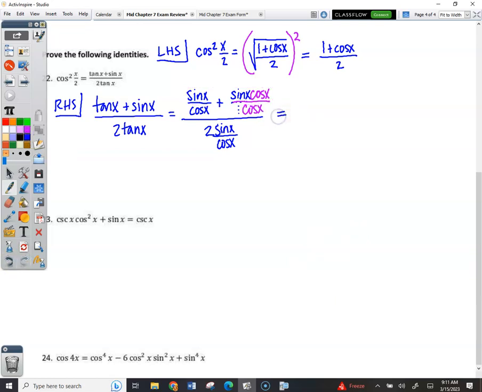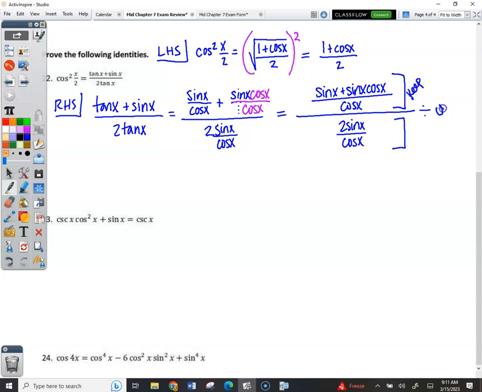So this ends up being sine x plus sine x cosine x over cosine all over 2 sine cosine. Now I have a fraction divided by a fraction, which means I can keep, change, and flip it.